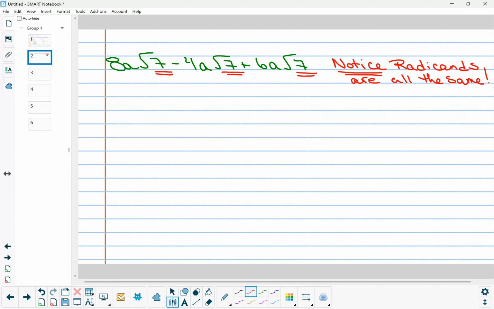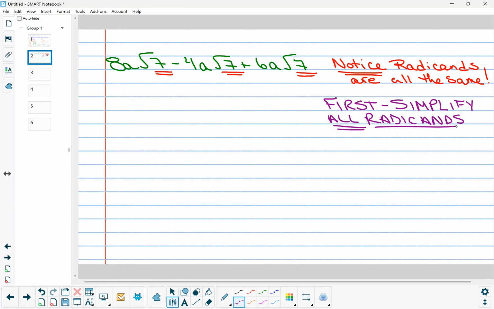If that was not the case, and if they were not simplified, the first thing you would need to do is to simplify any and all radicands. Okay, in this example, they're already simplified.